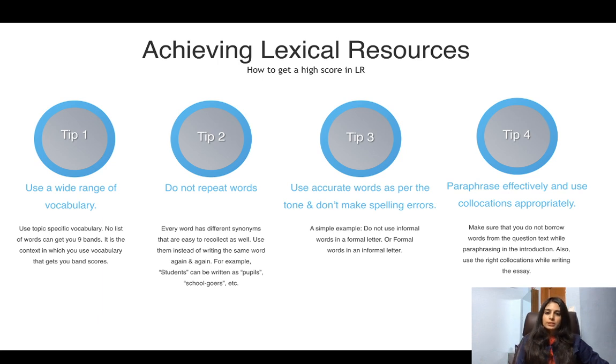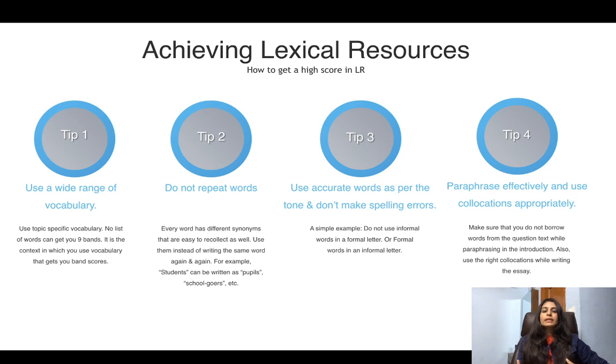So paraphrasing is something that's very important. It's something that you would open your essay with. So paraphrasing, yet again, is using your synonyms to rewrite your essay question in such a way that the meaning remains the same, however you change the wordings.